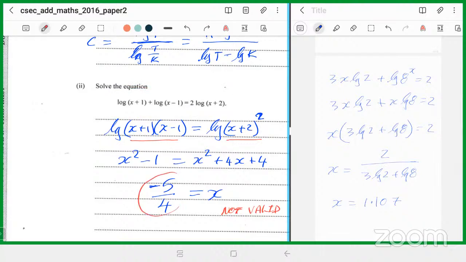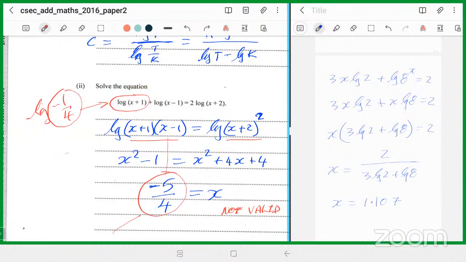This is negative 1 1/4, isn't it? If I put negative 1 1/4 for the x here and add it to the 1, this thing will work out to find the log of negative 1/4. You cannot find the log of negative 1/4. So this answer is not a valid answer for the original equation.